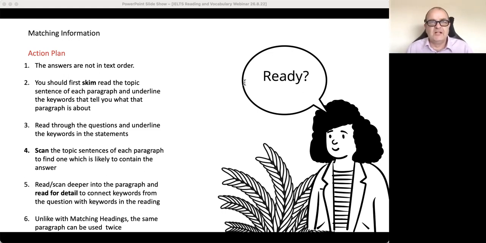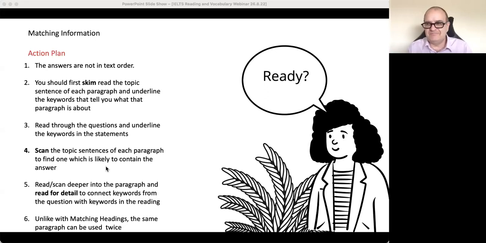Okay. Number 3, read through the questions and underline the keywords and statements. Number 4, scan the topic sentences of each paragraph where you've underlined the keywords to find the paragraph which is likely to contain the answer. In this case, it's not going to be like matching headings.